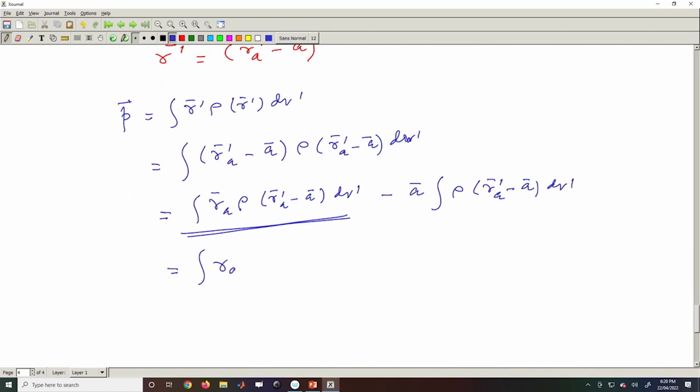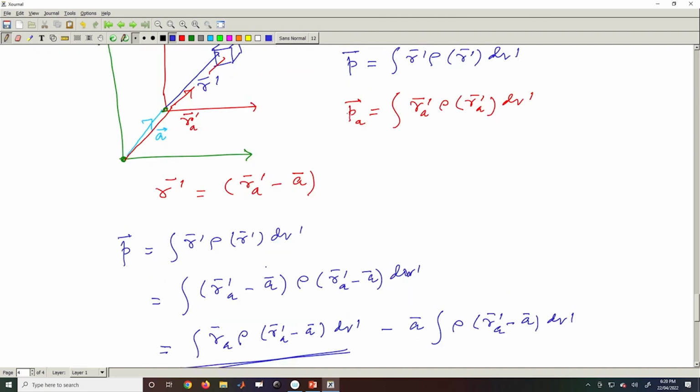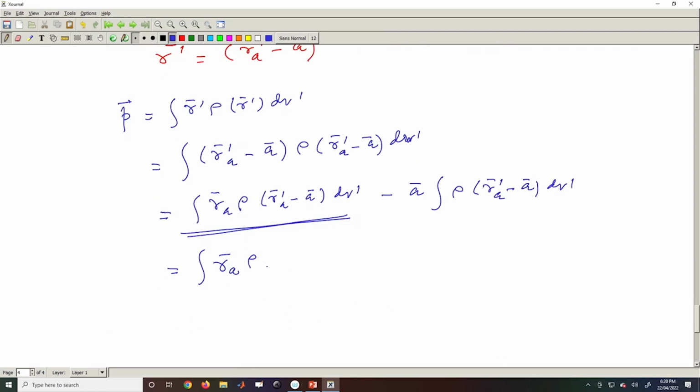This is simply A, rho and r prime minus A. Whatever the value of the density I will have, the same amount of density I should have for r prime A, because in both cases it is showing the same point, and minus A, this quantity rho dV prime is a total charge, right. So it is A into Q. So, this quantity is P A under new coordinate minus A of Q.